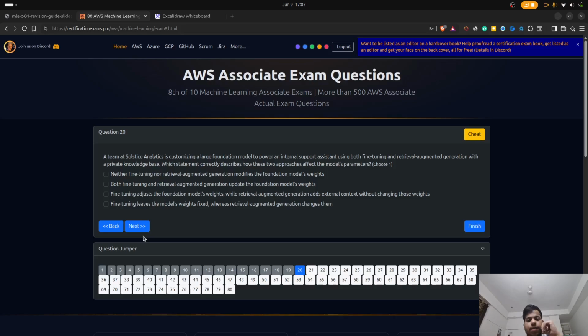A team is customizing a large foundation model to power an internal support assistant using both fine-tuning and retrieval augmented generation with a private knowledge base.